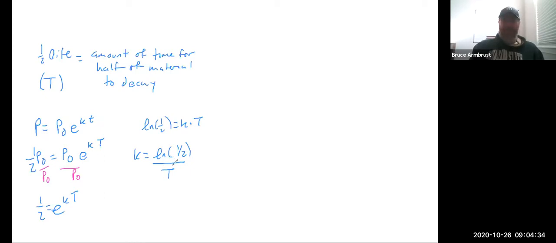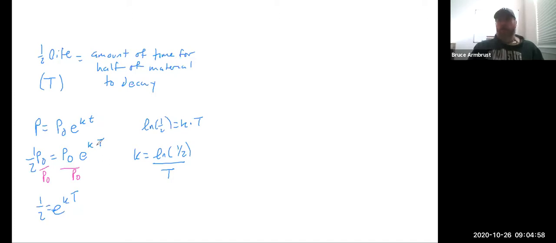And I think you said your half-life was like 13 hours or something. So you would take natural log of 1/2 divided by 13. And that's going to be your k. And then that's everything you need, because now you'll know exactly how much you're going to have after a certain amount of time. And so then you can use that formula and adjust it for whatever information they give you that you're trying to find.